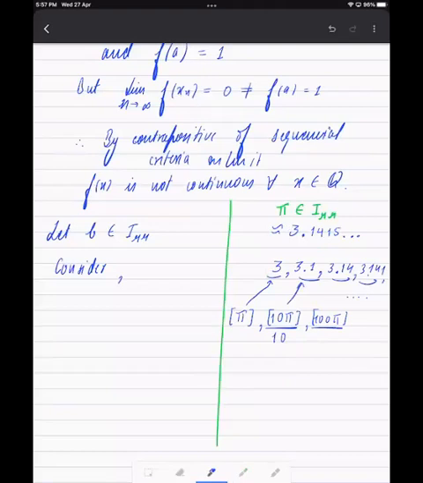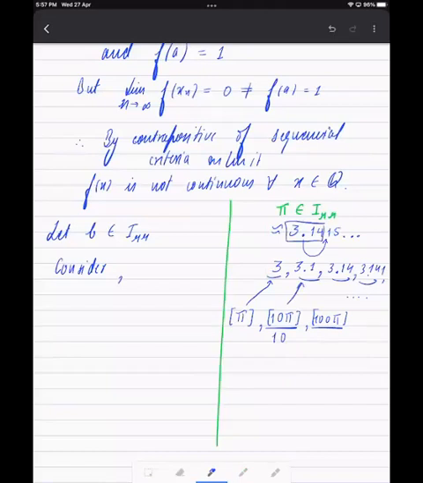100 pi means the point is shifted toward here, and the greatest integer means the floor value of the function.